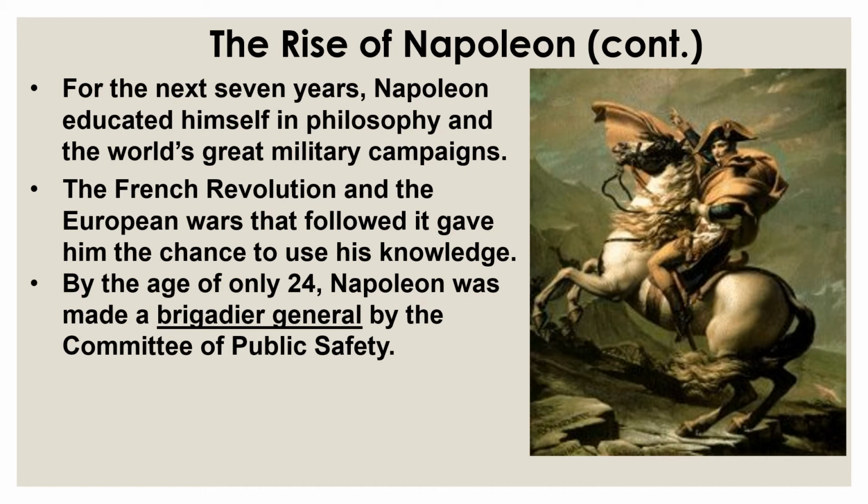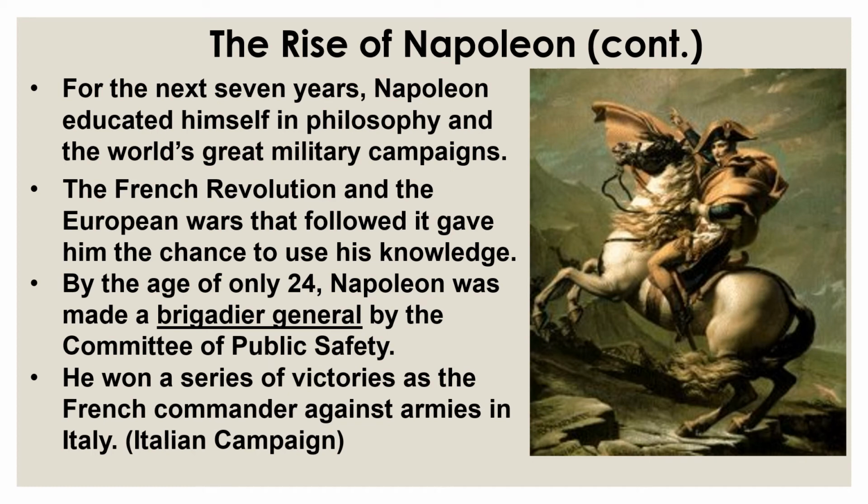By the age of only 24, Napoleon was made brigadier general by the Committee of Public Safety. So he was a supporter of Robespierre originally. He won a series of victories as the French commander against armies in Italy in the Italian campaign in the early 1790s.